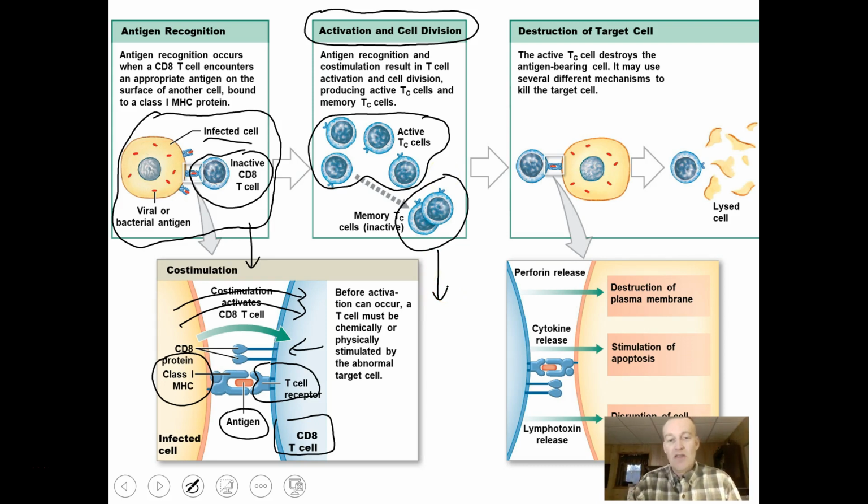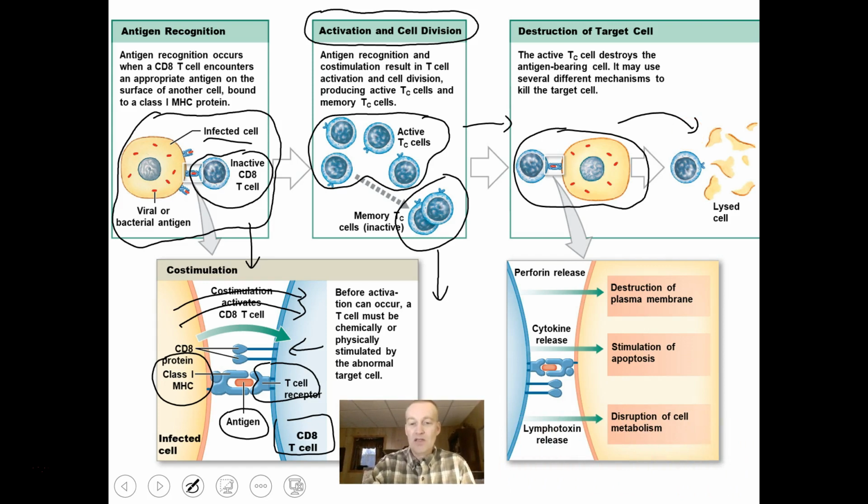And they won't respond now, but if you're ever exposed to the antigen in the future, those memory cells will activate very, very rapidly and expand themselves very rapidly so that you can fight an infection off very quickly. All right, so some of these activated T cells will seek out and they will join with virally infected cells, or whatever the cell is, a tumor cell, and they're going to cause the lysis or destruction of that cell.